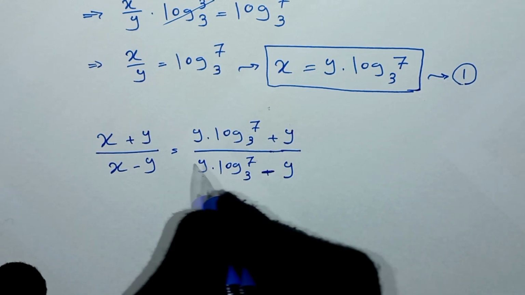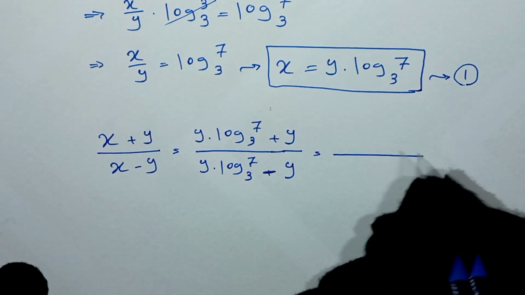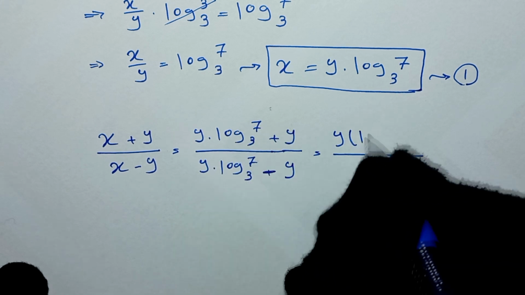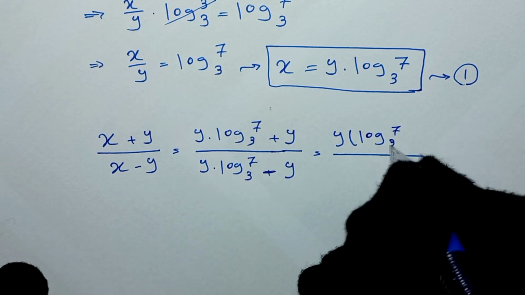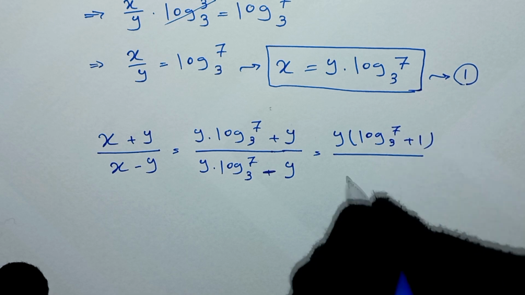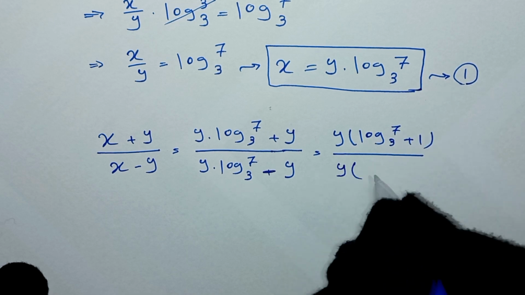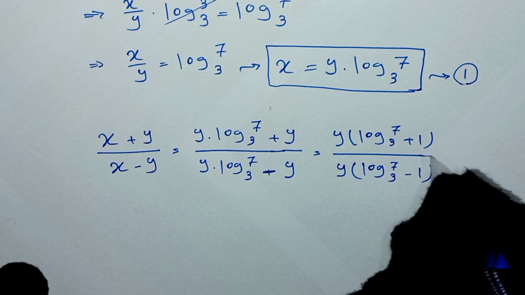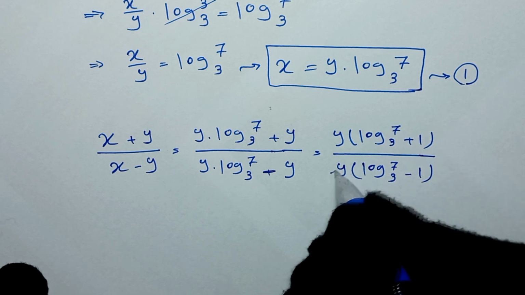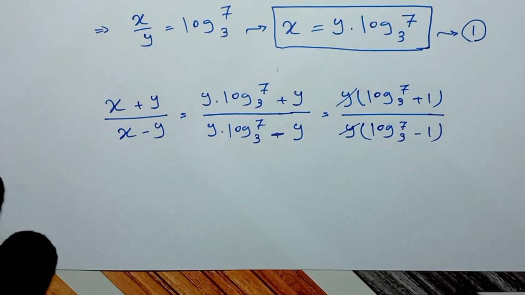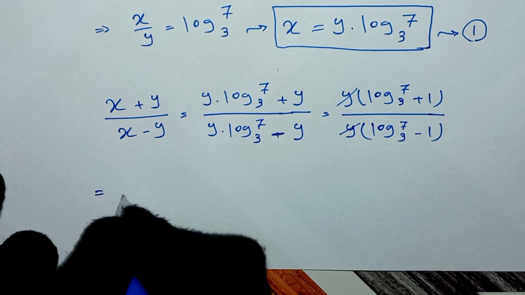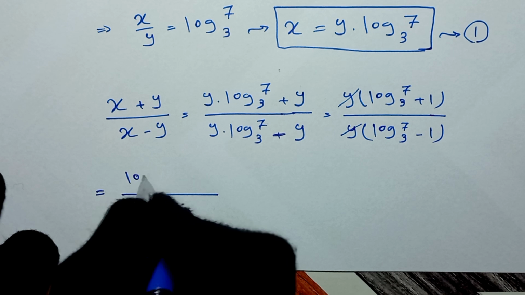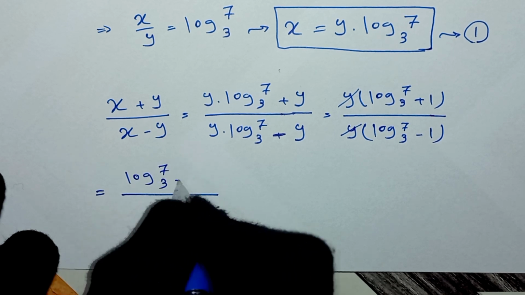and y is common, so we factor y. For numerator, we have log of 7 to base 3 plus 1, and for denominator, we have y times log of 7 to base 3 minus 1. And this y will cancel this, and it will be log of 7 to base 3 plus 1.